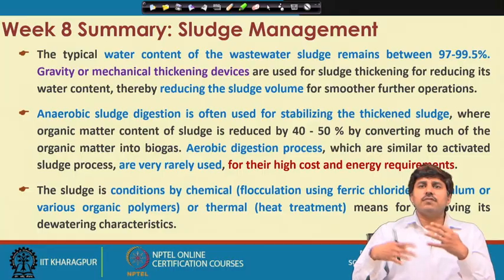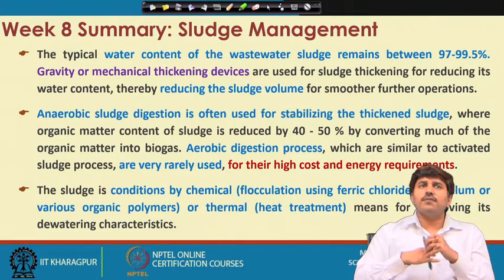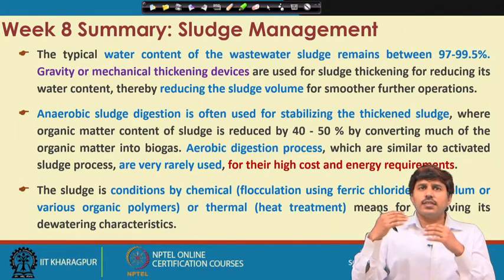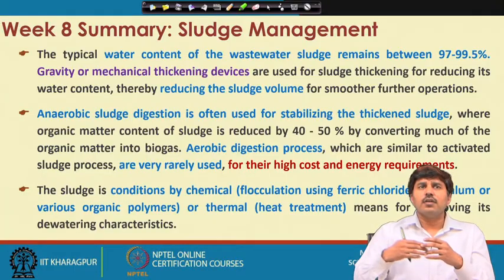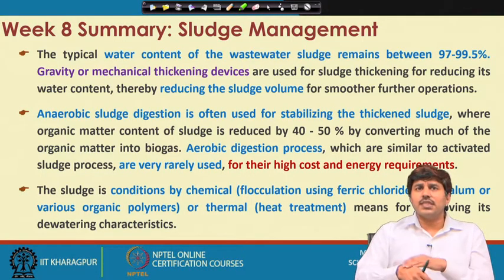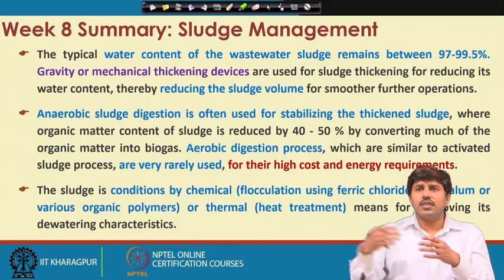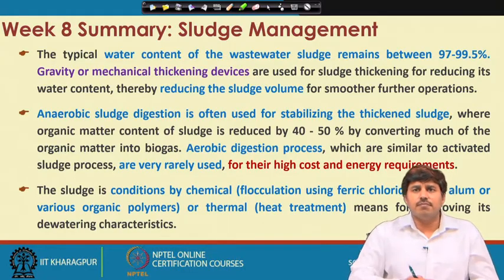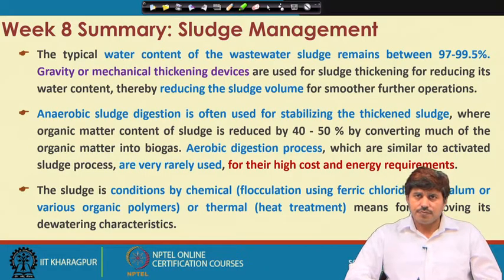This makes processing very difficult, and that is why the first unit which is used is thickening, sludge thickening. The gravity thickener or mechanical thickening devices like centrifuge or various filter beds are used for thickening purposes. Mostly the gravity thickeners are more popular.